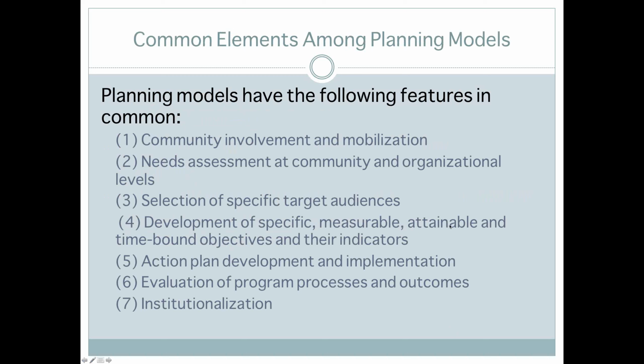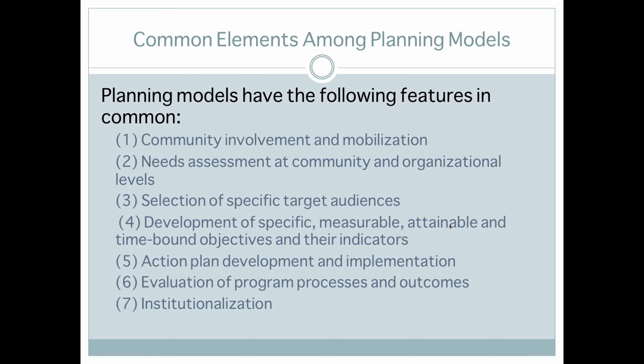All of these models that I've talked about, Precede, Proceed, social marketing, and the 4 models on the previous page, have a lot of commonality, and these are the features that are in common across planning models. These 7 steps are a good generic set of planning steps.